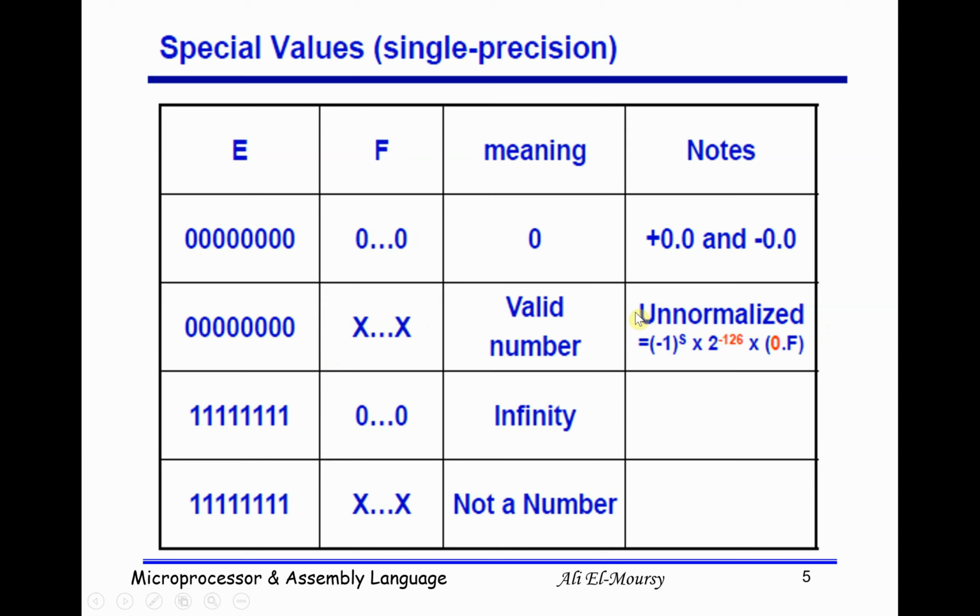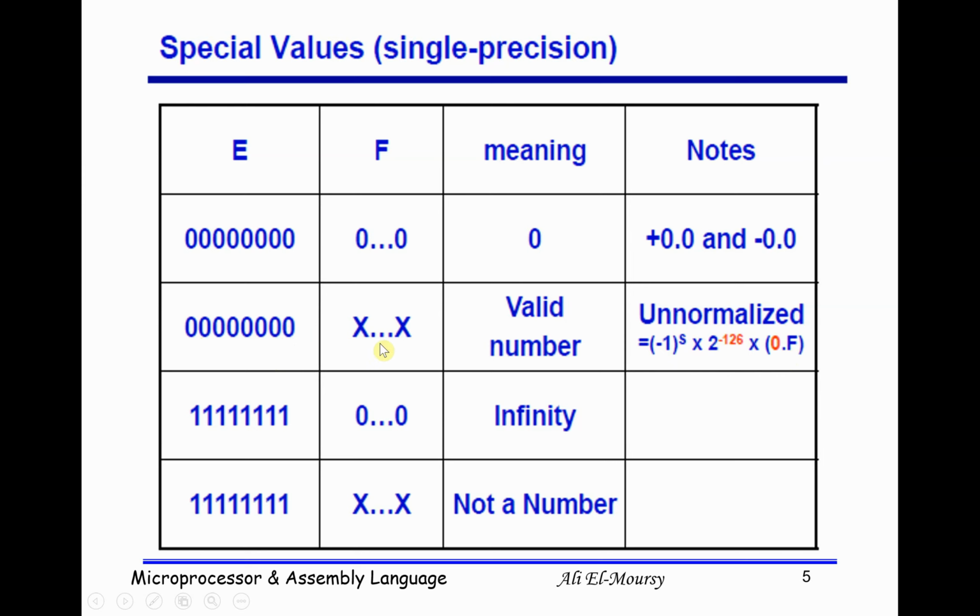The way of calculation here is different from what we mentioned before. If the exponent equals zeros, this does not mean that the exponent is biased. You do not do the biasing or unbiasing that we did in the last set of slides.